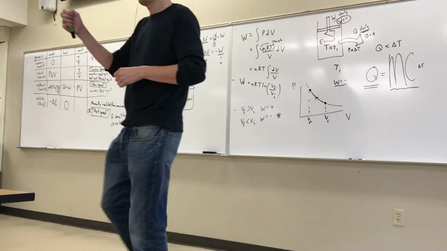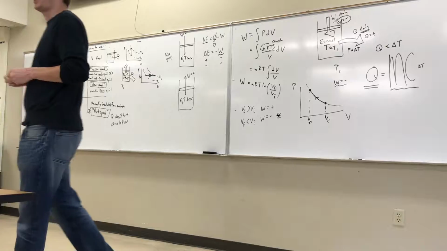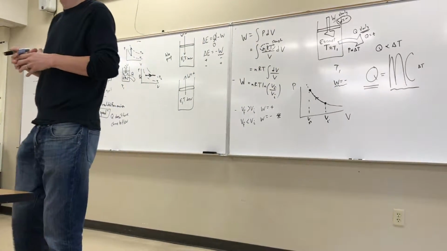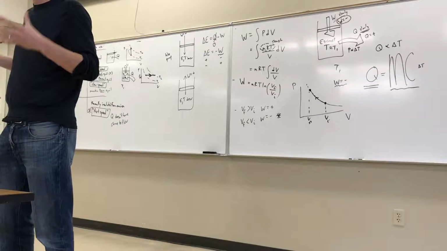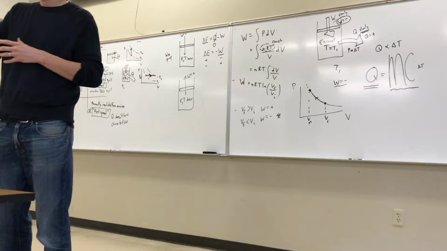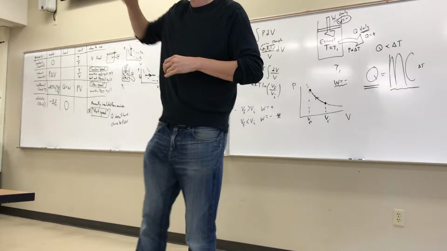Have you ever noticed when you pop the top off a soda bottle, there's a little mist at the top? That's an adiabatic expansion. There's high pressure from the carbonation of the soda inside, and when you pop it off, that gas rapidly expands and pushes the cap off, right?